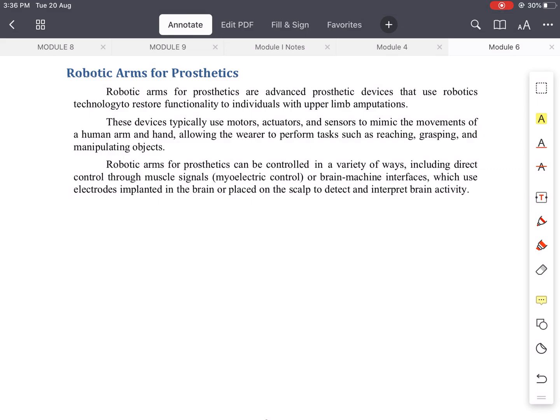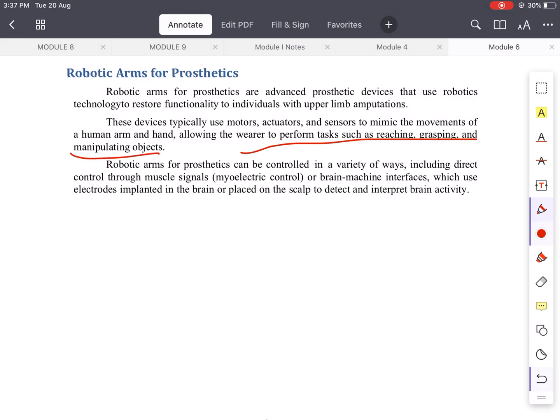A person wears this robotic or prosthetic arm and is then able to perform certain tasks like extending the arm, reaching out for a thing, grasping it, and manipulating an object. It would just be a mechanical replacement of a normal human limb.